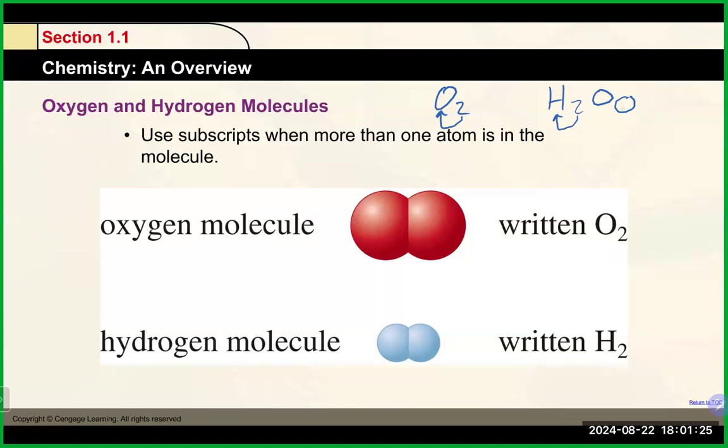So if you don't see anything there, it represents one, and that would be one atom of oxygen. As we'll talk about in a later chapter, those subscripts also represent how many moles of each of those elements you have going on. So you always want to make sure you write formulas correctly.